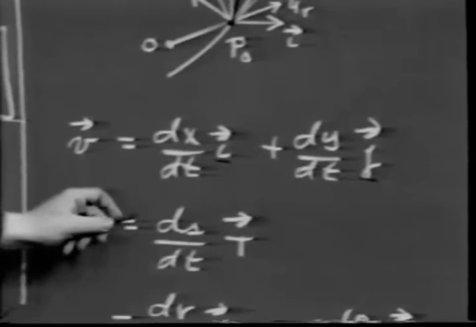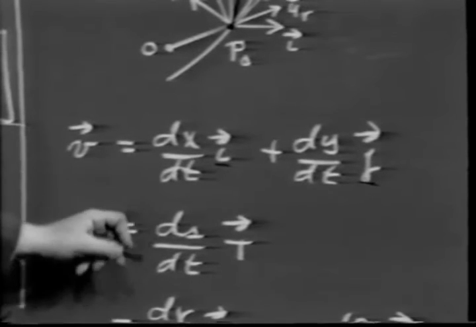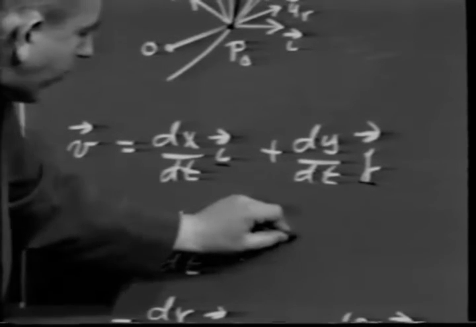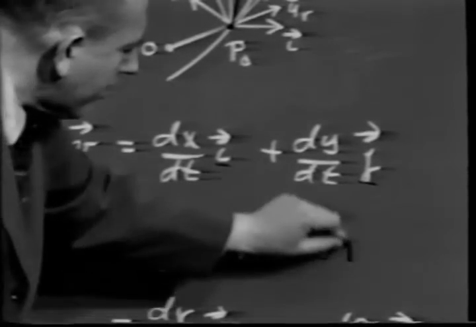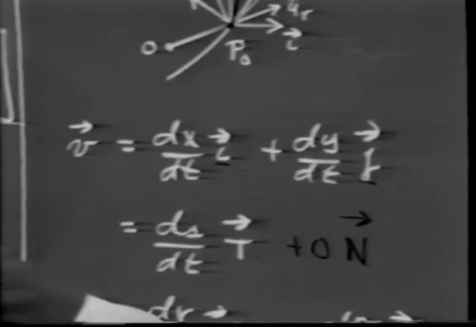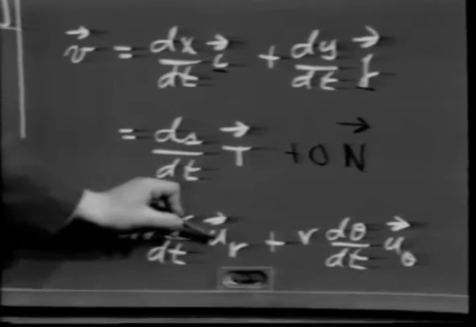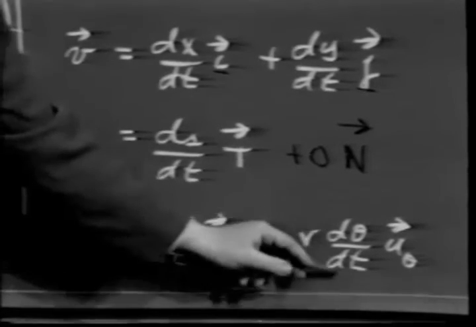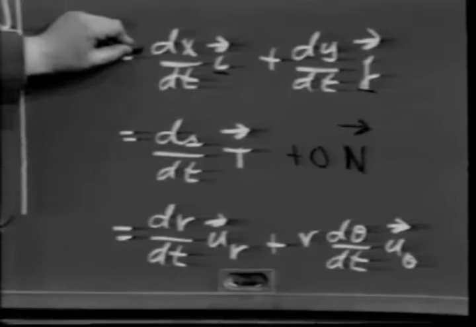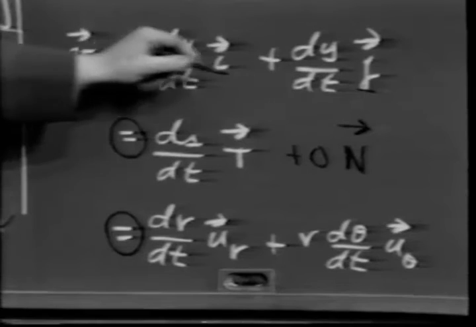If we're using t and n components, the particular combination of t and n is what? ds dt times the unit tangent vector plus 0 n. And if we happen to be using polar coordinates, the expression is dr dt times u sub r plus r d theta dt u sub theta. But let me circle these because it's the same velocity in each case.